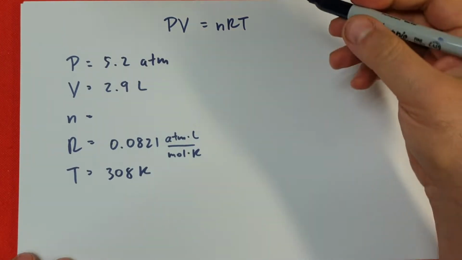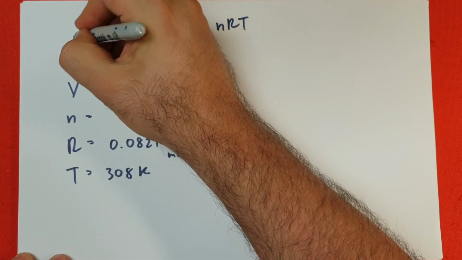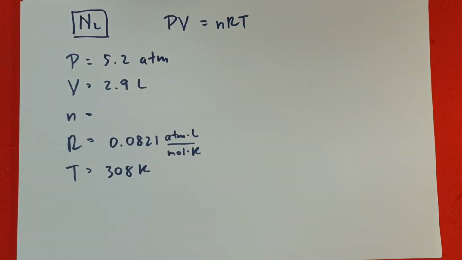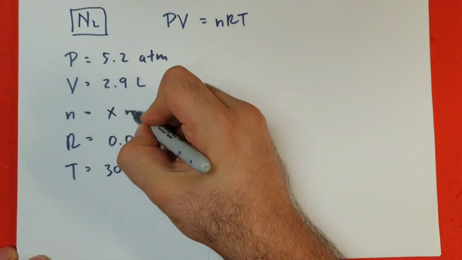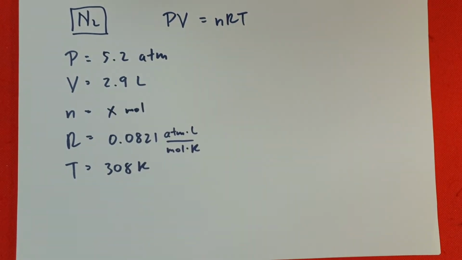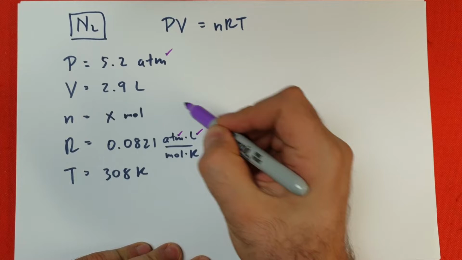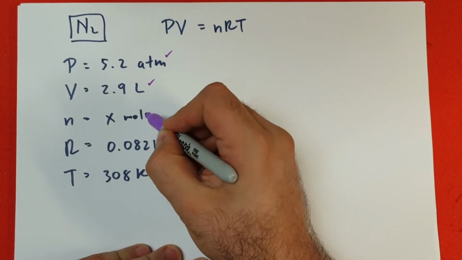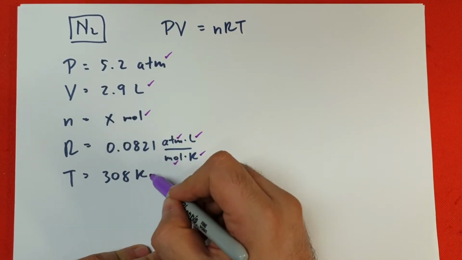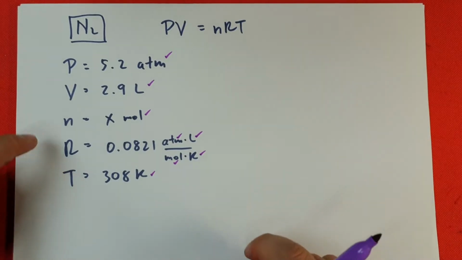And we know that it's nitrogen, but this is just additional information. We're asking how many moles, x moles. We check to see if the units are consistent. So atmospheres, atmospheres, liters, liters, moles, moles is our unknown, Kelvin, Kelvin. So now our unknown is n.